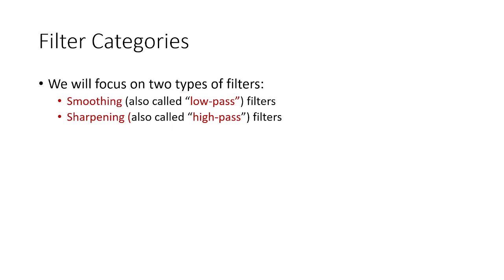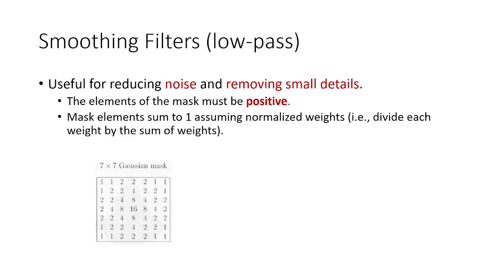Smoothing is where every edge is corrected and gray levels are uniformly distributed, like histogram equalizers, whereas sharpening uses high pass filters, where the image contrast and brightness is enhanced or changed. Okay, so smoothing reduces the noise and removes the small details.